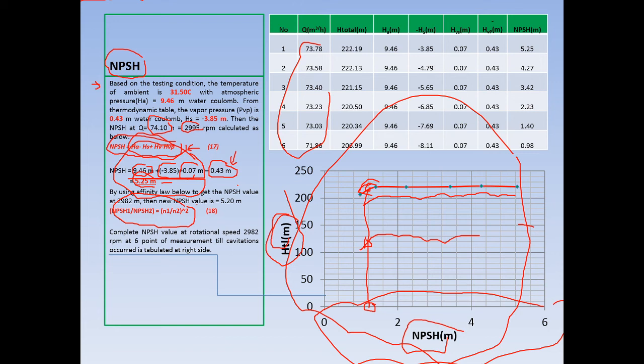And then the 6 meters, to simplify the formula, we will call it NPSH available, and then you need 5.25 meters required. So available is still bigger than required, still okay.